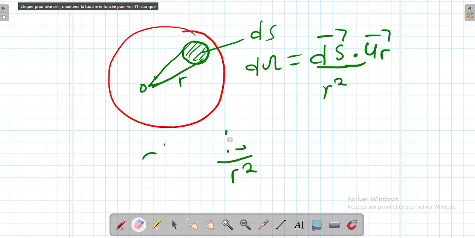I just wanted to show you the step by step method. So you should get used to this type of mathematics, which uses vectors. So ds dot ur. When I say ds dot ur, you see this is the vector, the unit vector ur. This is the distance, this is the radius.